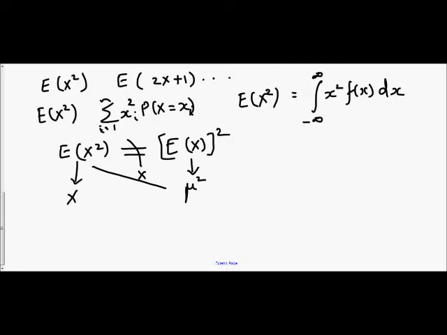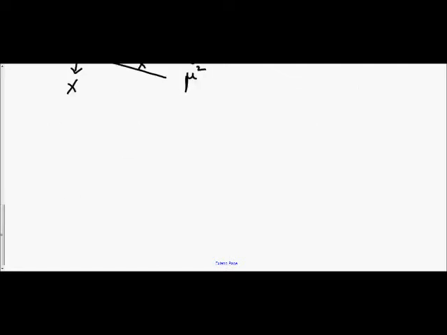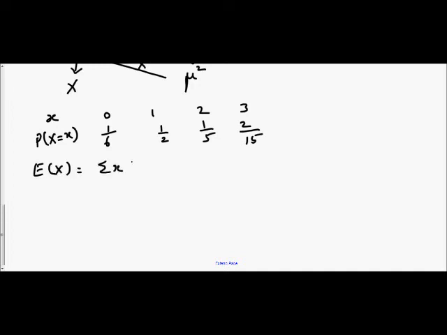Let me give you some examples for both cases, discrete and continuous. Let me take this as an example for a discrete random variable. This is x and this is the probability distribution for the x values given, and the expected value of X, that is E(X), would be the sum of x times the probability of X equal to x.